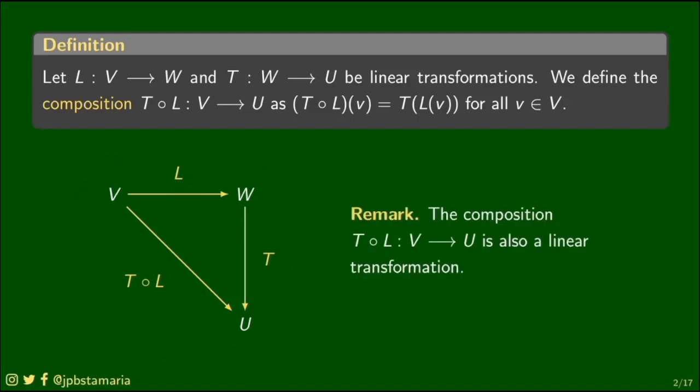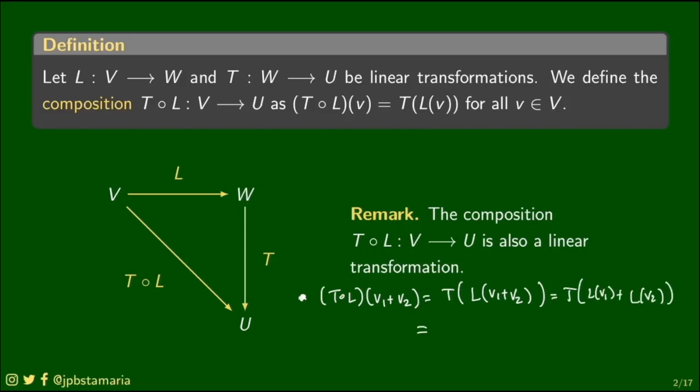It can be verified that if L and T are linear, then their composition, whenever possible, is also a linear transformation. We simply use the fact that both L and T are linear transformations. For example, if I apply T circle L on the sum v1 plus v2, I apply the definition of the composition. Because L is linear, I can write this as T of L of v1 plus L of v2.